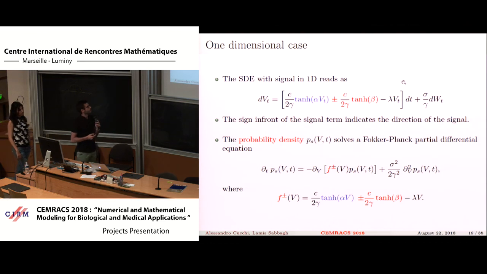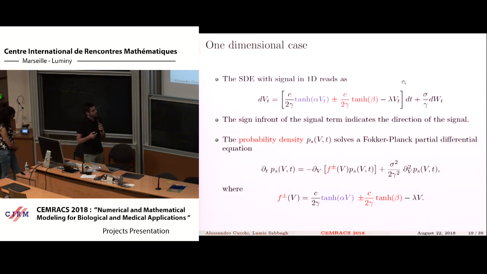So we start with the one-dimensional case. In the one-dimensional case, the signal does not have an angle, but it has a direction. And we can see this in the plus-minus in the equation in front of the terms relating to the signal.